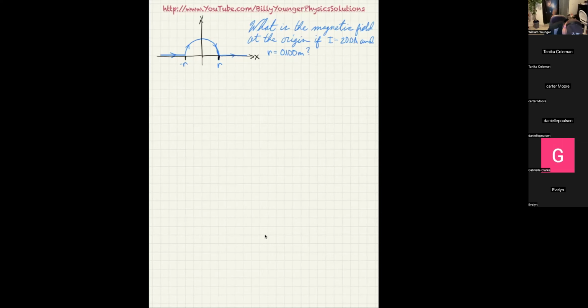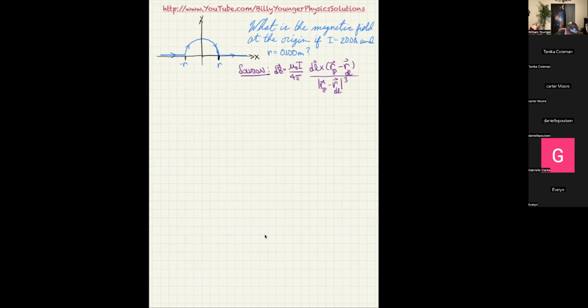Okay. What we're going to use is the law of Biot-Savart. So I'll say solution. We're going to use dB is equal to mu 0 I over 4 pi times dl cross (rp minus r dl) divided by the magnitude of (rp minus r dl) to the third power.